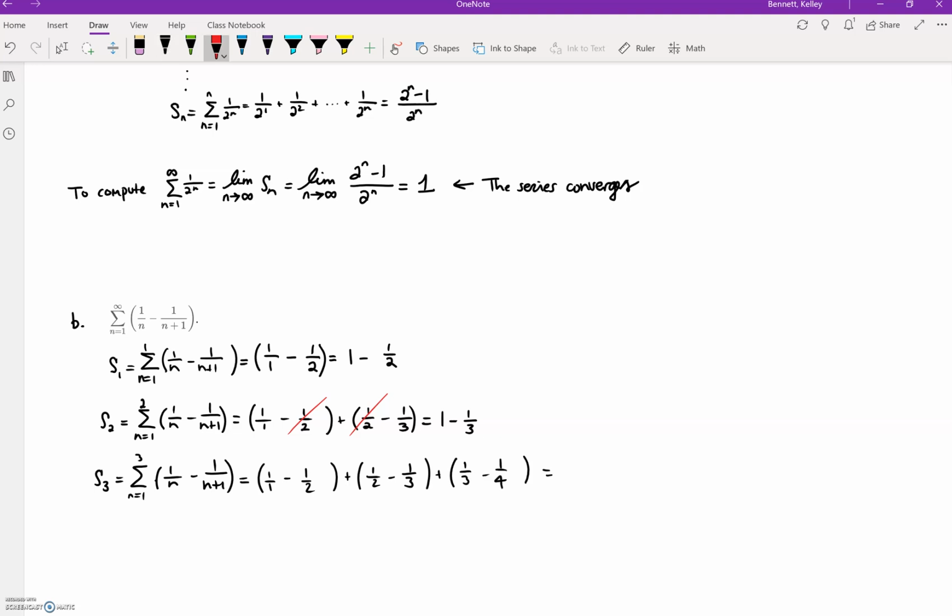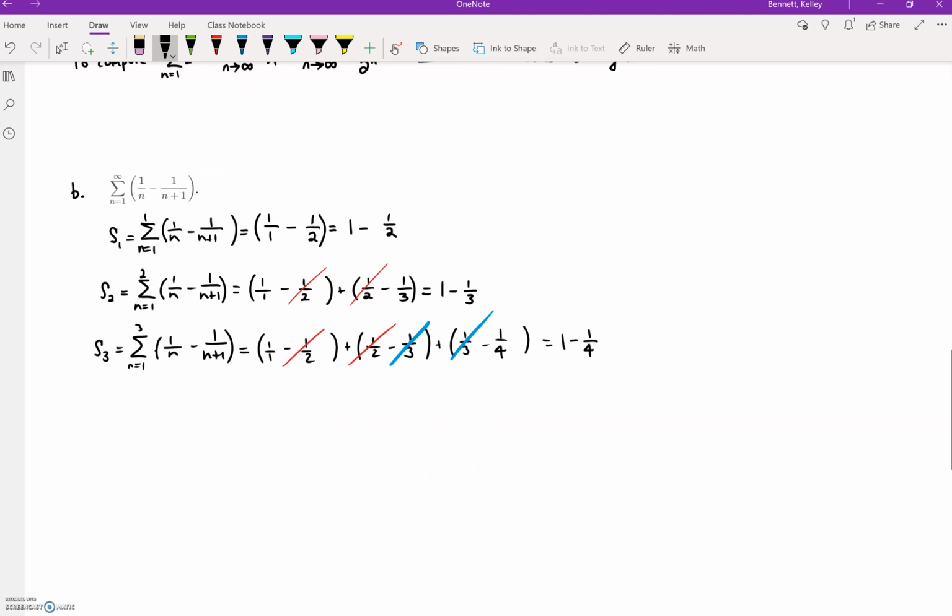And you'll kind of see the pattern that's happening in greater detail. So the 1/2s cancel, the 1/3s cancel. And what we're left with is 1 minus 1/4. So hopefully you can see a little bit of a pattern going on here.